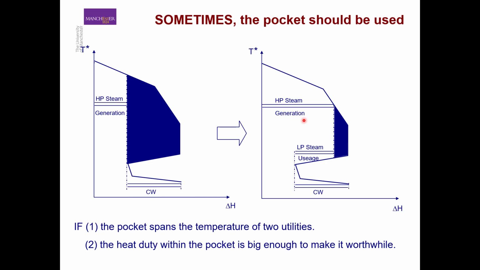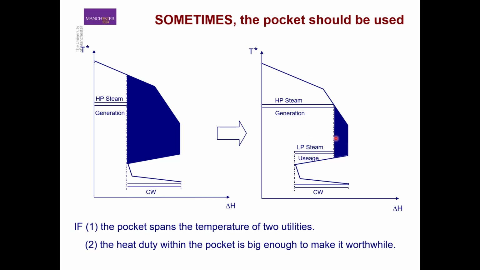Now the question is, when do we not use a pocket and when do we use a pocket in relation to these utilities? Basically, we should use a pocket in relation to these utilities if the pocket spans the temperature of the utilities. So for example, here, this pocket spans the HP steam generation and LP steam use.